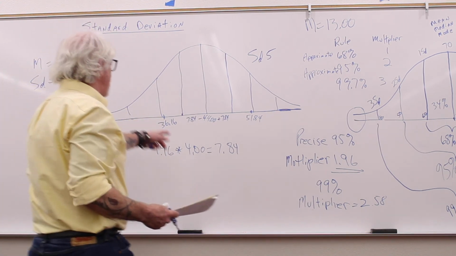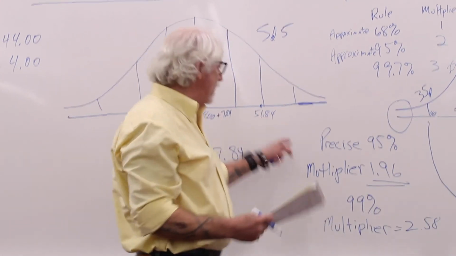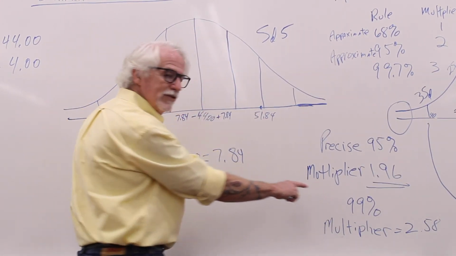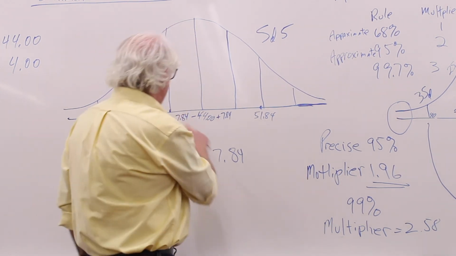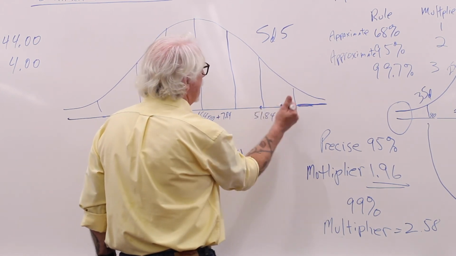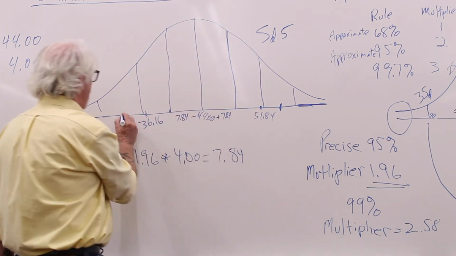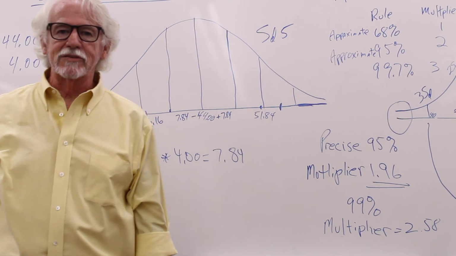Just like I did here, if I want to know where 99% of the people are, they are 2.58 standard deviations from the mean, somewhere right about the middle between 2 and 3 standard deviations from the mean.